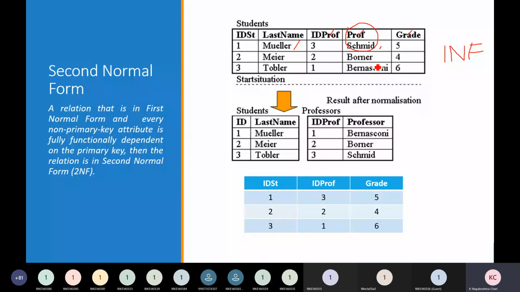Here student ID is the primary key, so based on the student ID we can get the student name; the name is also dependent on the student ID. That means there exists a functional dependency from student ID to student name or last name.